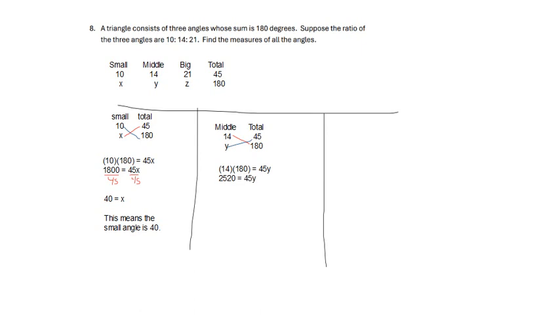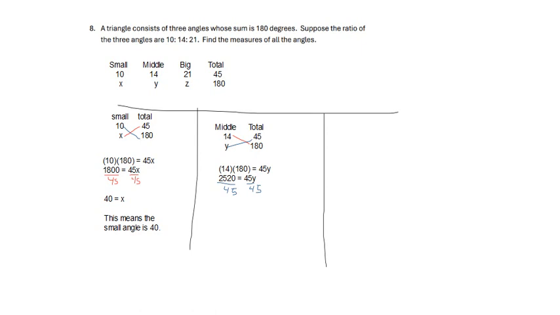And then the last step is to divide by 45. So let's do that. And if we do that, let's see, just double checking, we get Y equals 56 degrees.